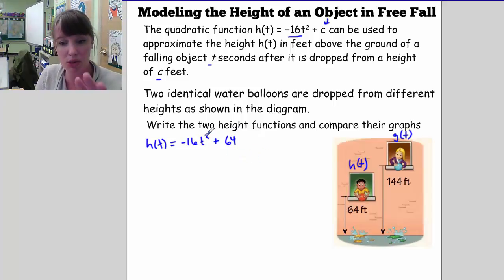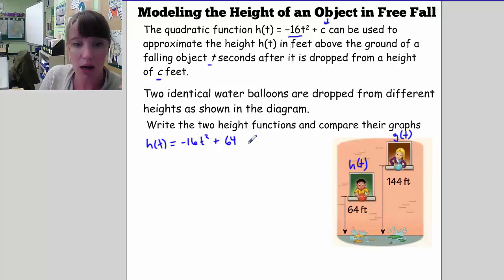We start from 64 feet, and it's every time squared that we're reducing it by 16 feet, because when 64 gets added to a negative, it reduces the feet. Then g of t is going to be the same thing, but we're starting at a height of 144, so it's plus 144.